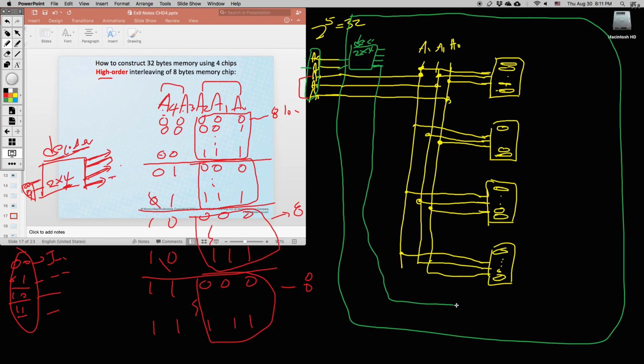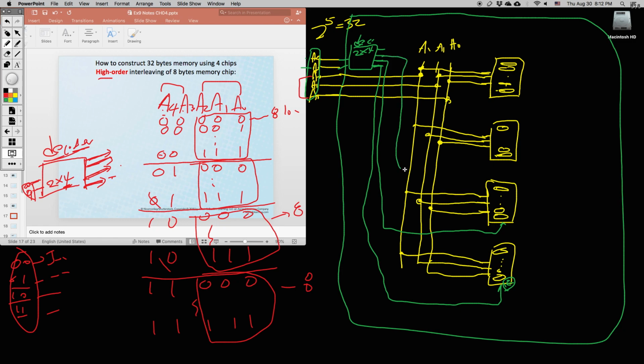Then use this one to enable the chip. A memory chip has an enable control input. When this is a 1, that chip works. If 0, the chip does not work. So using that idea through the 2 by 4 decoder, we can choose which memory chip we want to enable.